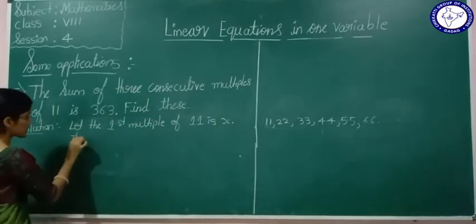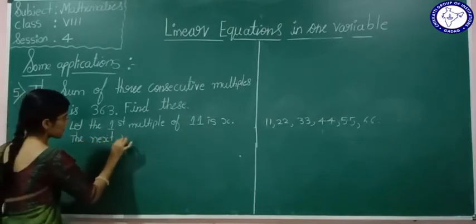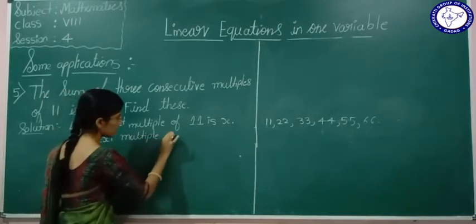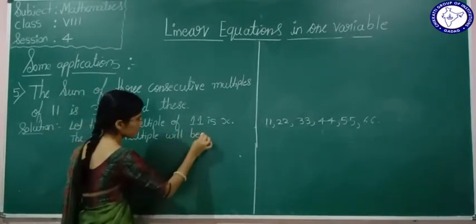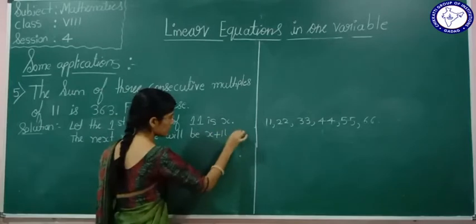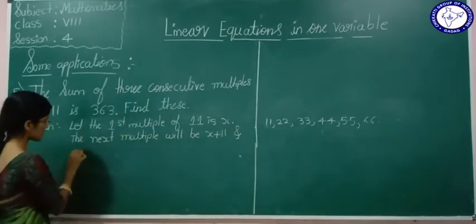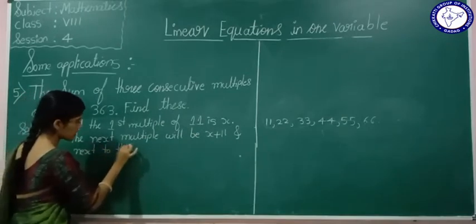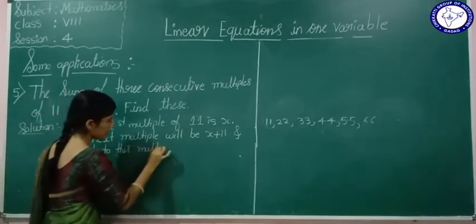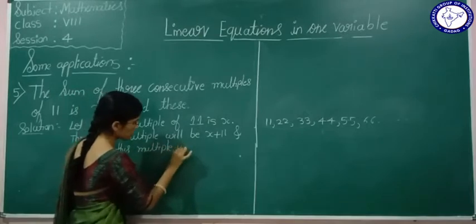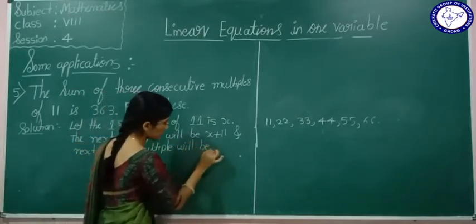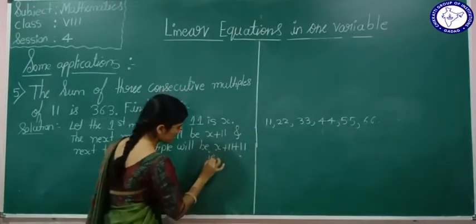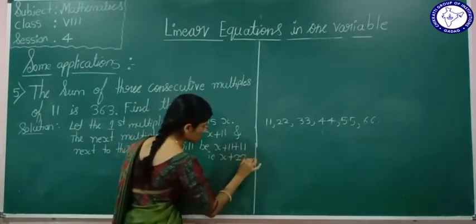The next multiple will be x plus 11, and next to this, the multiple will be x plus 11 plus 11, that is x plus 22.